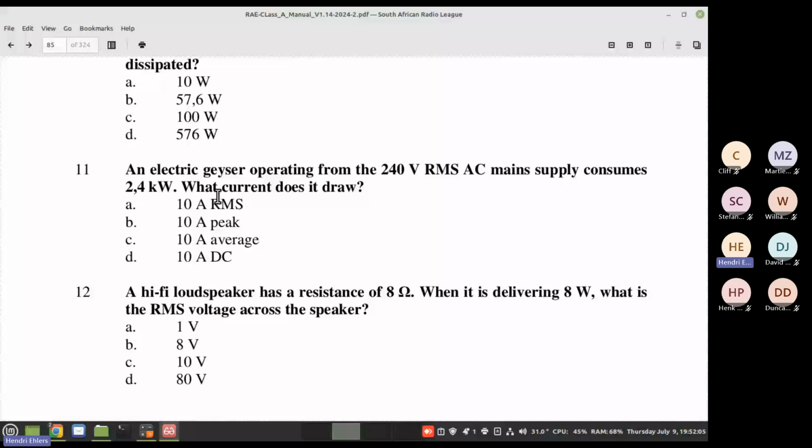So it's 2,400 divided by 240, and that is 10 amp RMS. We don't actually have to do the math because they're all 10. The only difference is that it's an RMS value, so the result would be RMS.